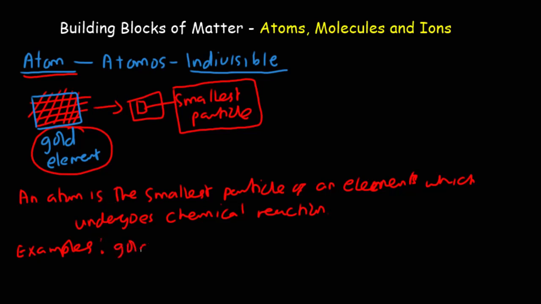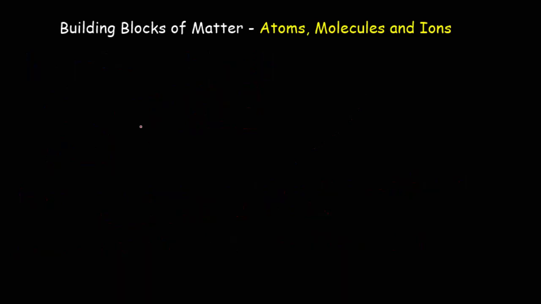So we can talk of gold, potassium, sodium, chlorine, iodine, argon. All these are examples of atoms, and they are also examples of elements. Okay, now still on atom, let's look at the parts of an atom.